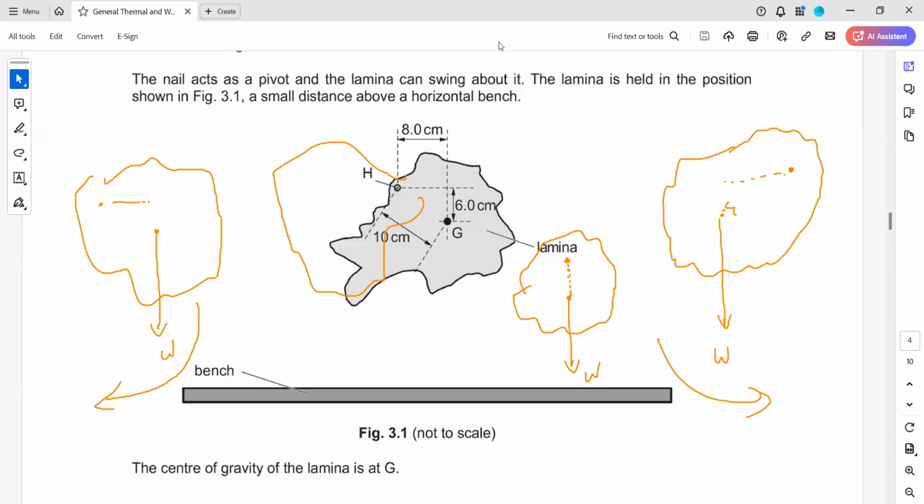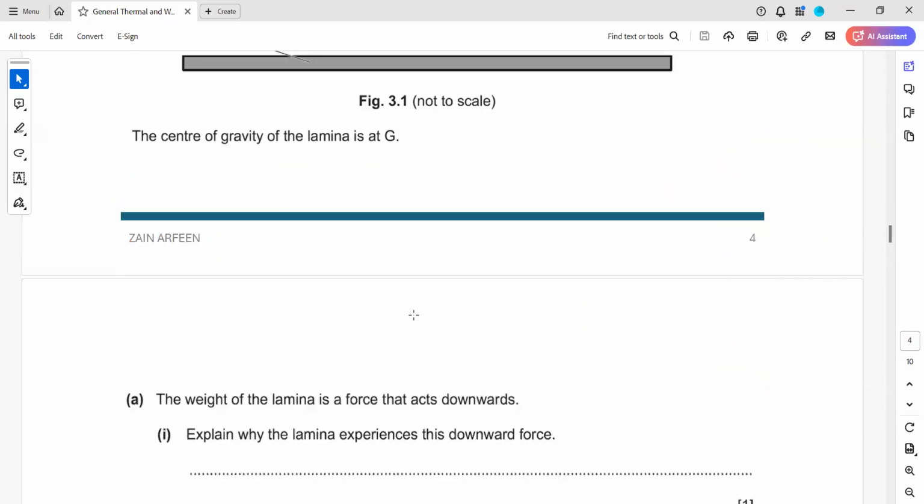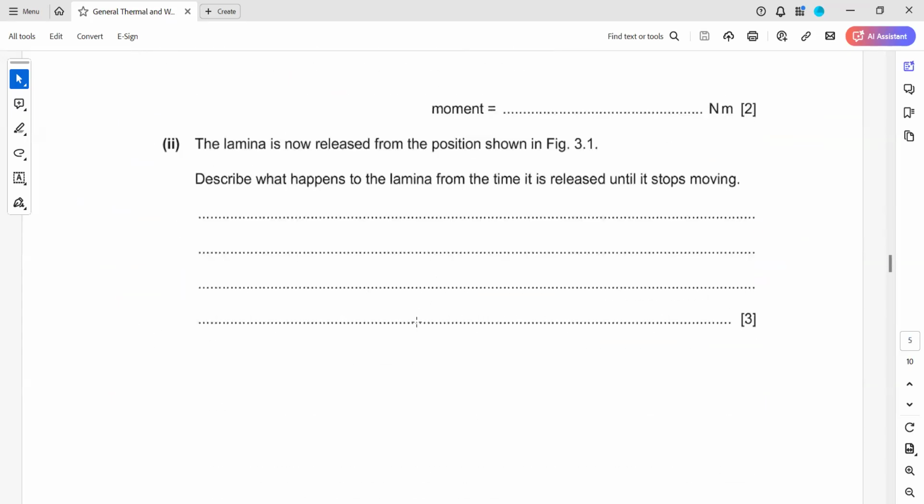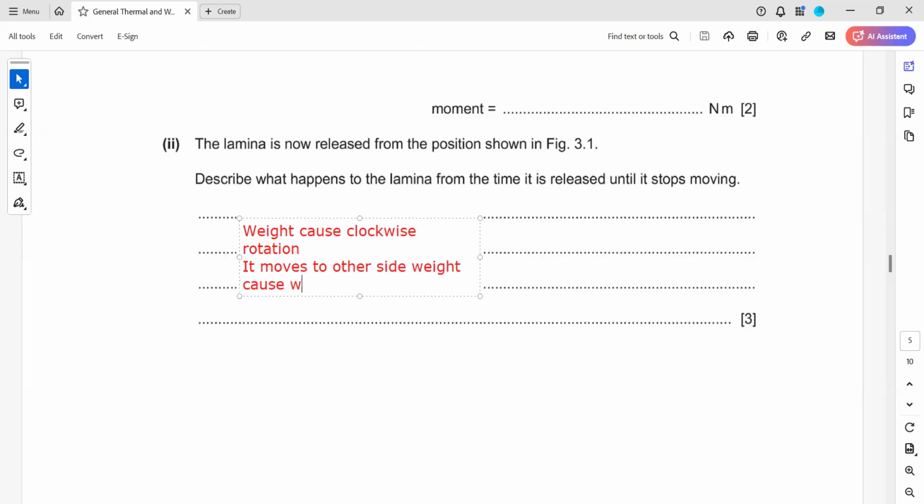So the key points which you have to refer to, three marks are there. When we release the lamina, the weight will cause a clockwise rotation. Then it moves to the other side. Then the weight will cause an anti-clockwise rotation.